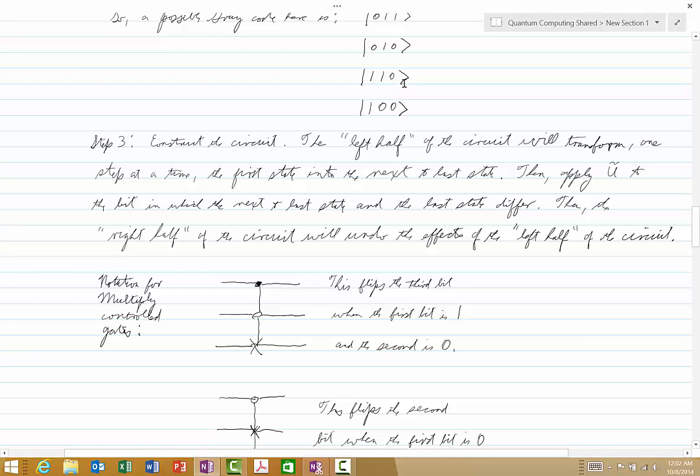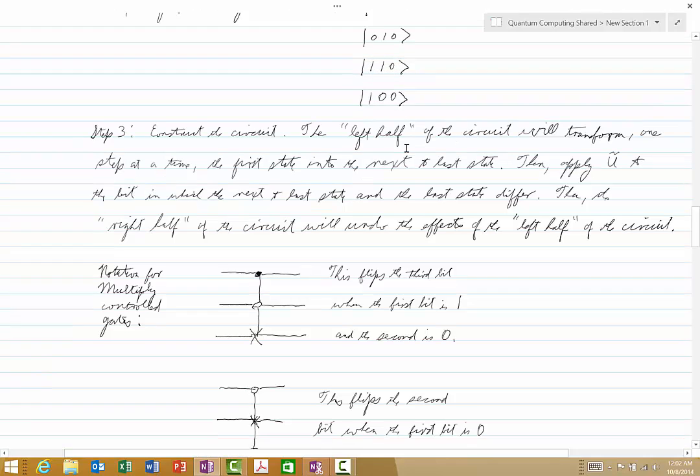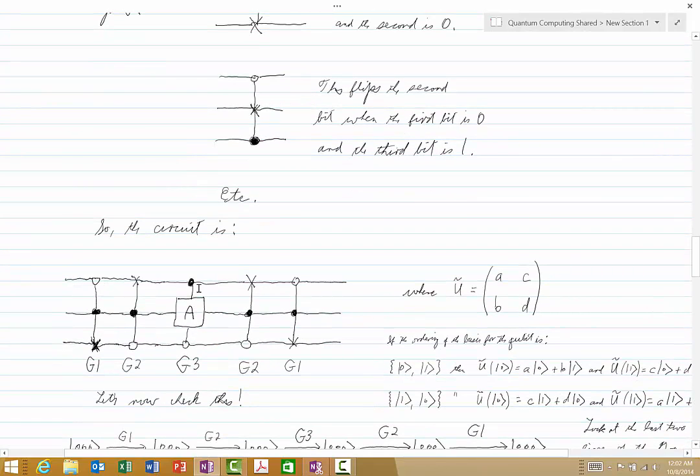Looking at the next to last state and the last state, they differ in the second bit. So we will apply U tilde to the second bit, but only when the first bit is 1 and the third bit is 0. So you see here the first bit is 1, the third bit is 0, and here we have this A.